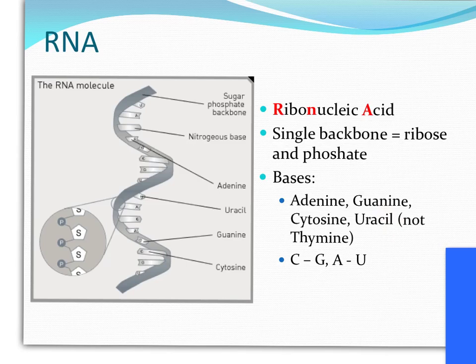So similar to DNA, C still pairs with G, but an A on DNA is going to pair with a U on RNA. And you see over here you've got U's instead of T's.